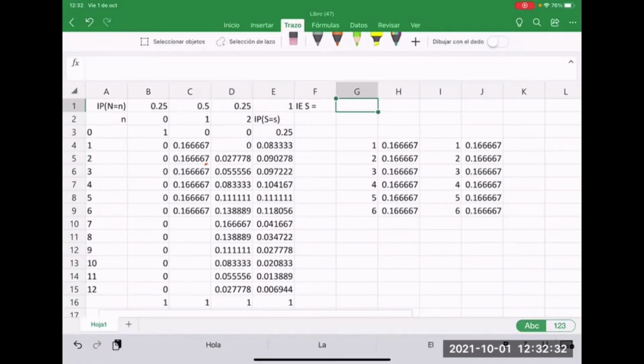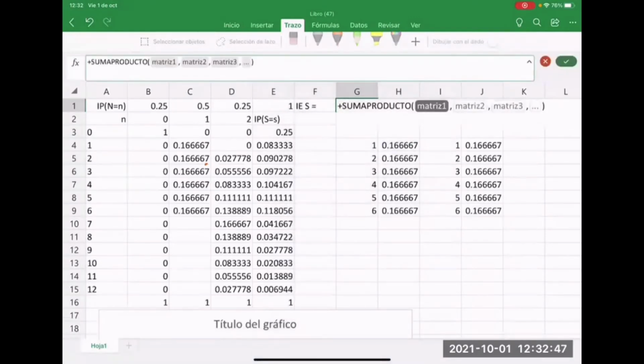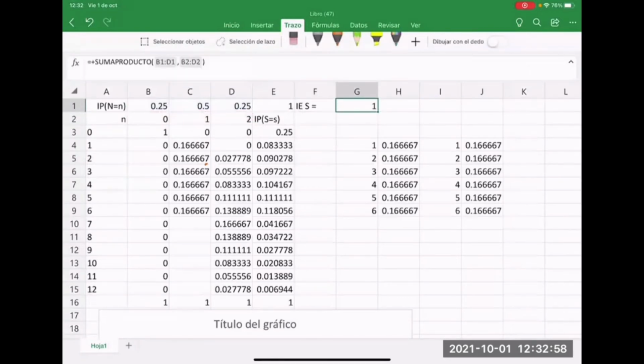So it's really simple to do that because the expectation of n is just some product of what with what? Of these probabilities with this range. So that is just the expectation of the coins, right?